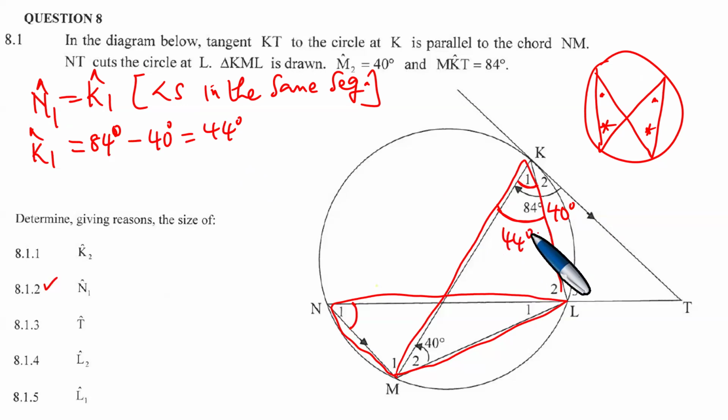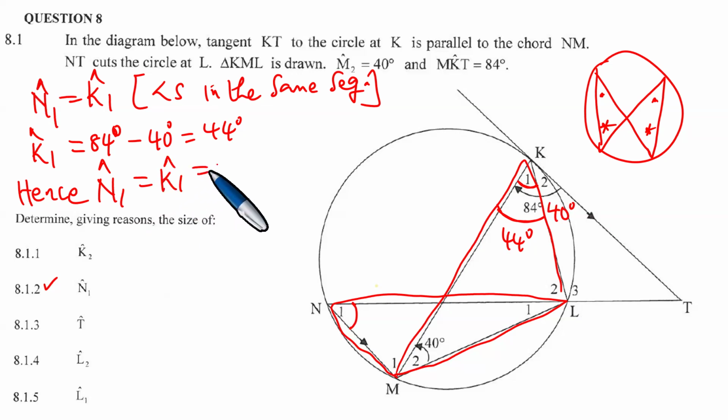So 44 degrees plus 40 degrees is 84 degrees. Right, now we are in business because we found K1. Hence, the angle N1 is equal to the angle K1, which equals 44 degrees.